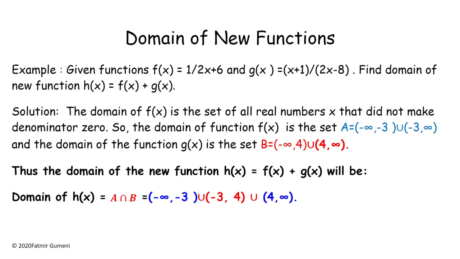And the domain of the function g of x is the set B equal to the interval negative infinity to 4, union 4 to infinity. Thus, the domain of the new function h of x, f of x plus g of x, will be the domain of f of x, A intersect B, equal to interval negative infinity to negative 3 union interval negative 3 to 4 union interval 4 to infinity.